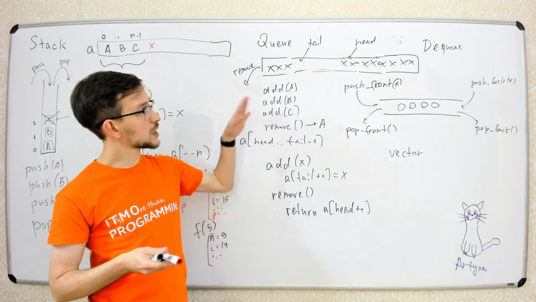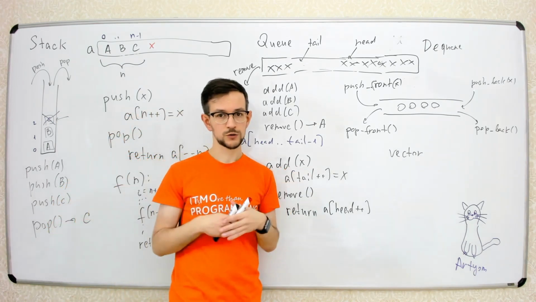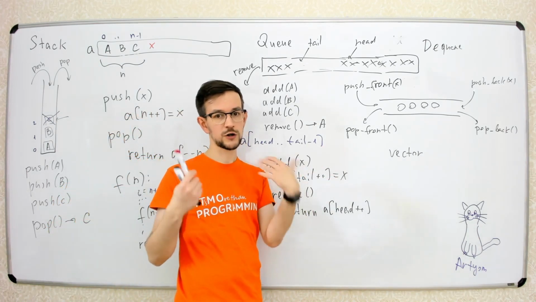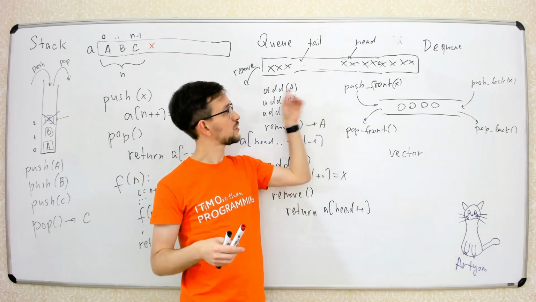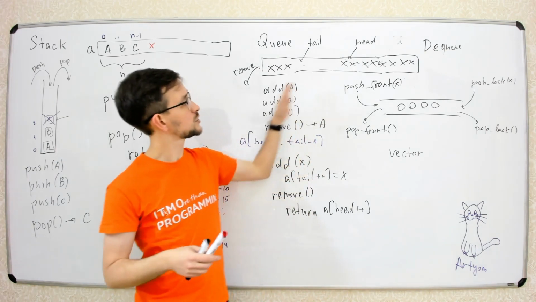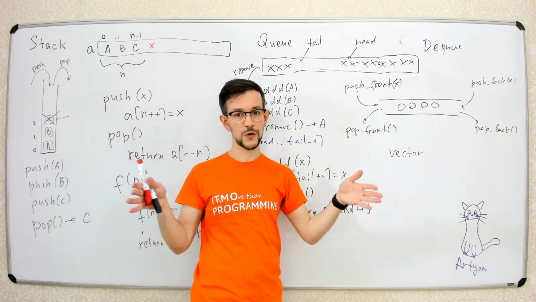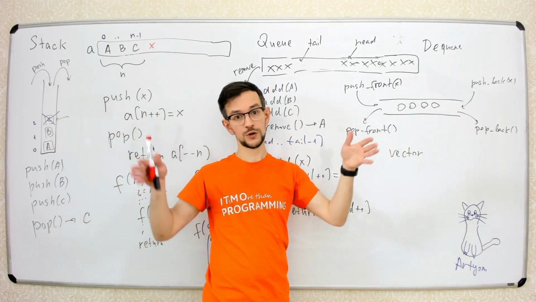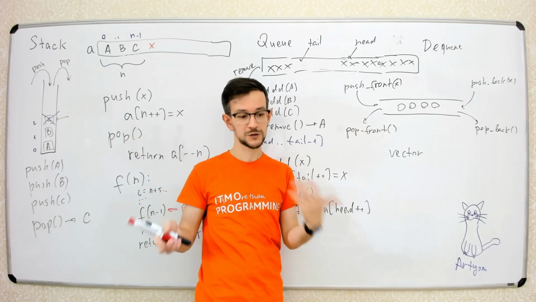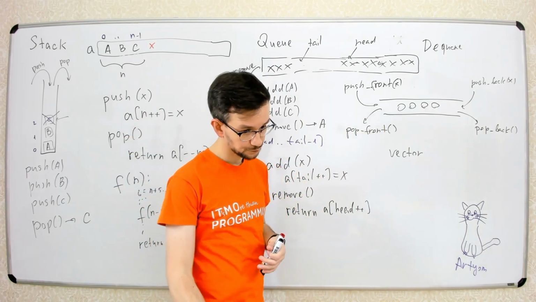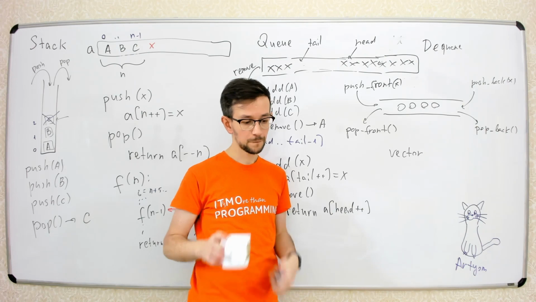That's how you solve the problem with the queue. So the queue is moving, it's actually not a big problem. If your queue is moving, you just need to make the array cyclic. The size of the array should be equal to the maximal possible number of elements in the queue. Cool.